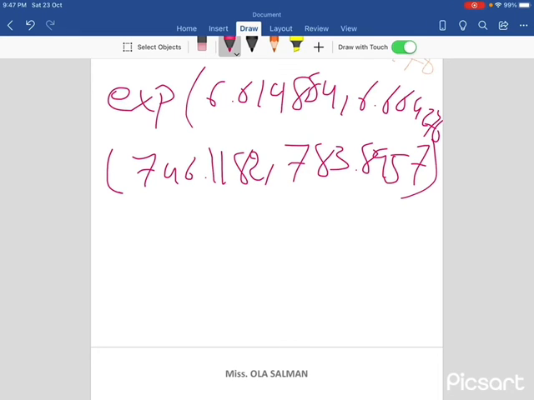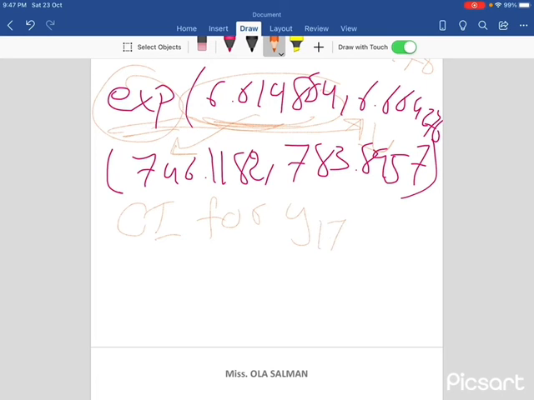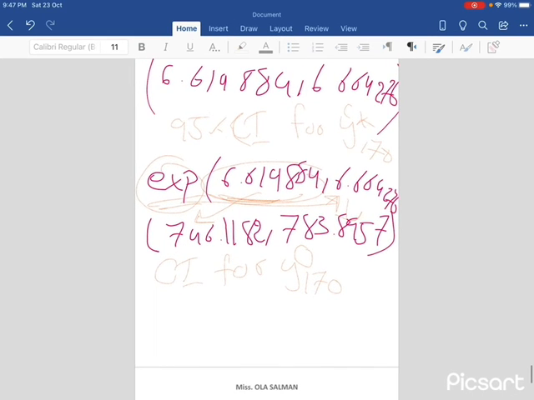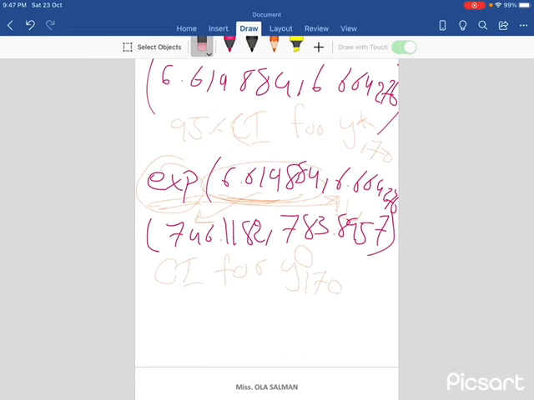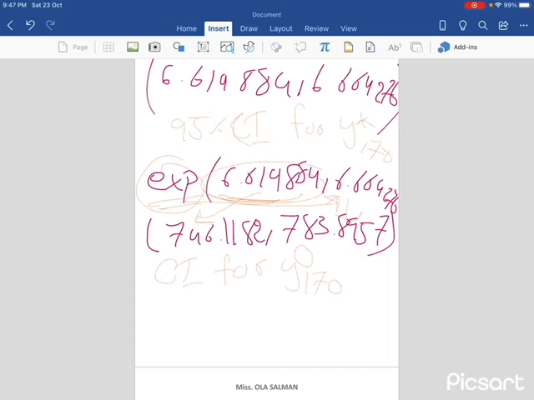So you take the exponential for each number. You take the exponential for this number, you find this number. You take the exponential for this number, you find this number. And this will be the confidence interval for y 170, without star, and without hat. So this will be the end of this exercise.